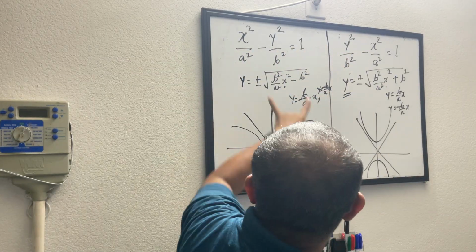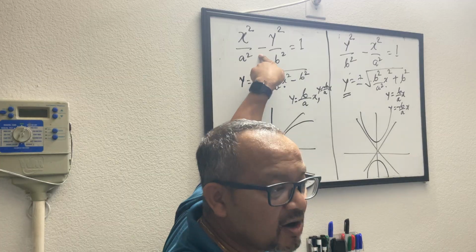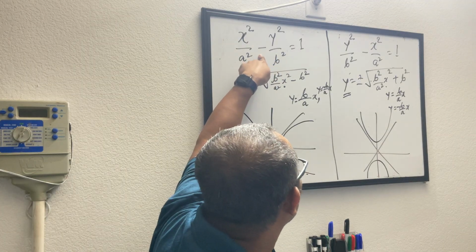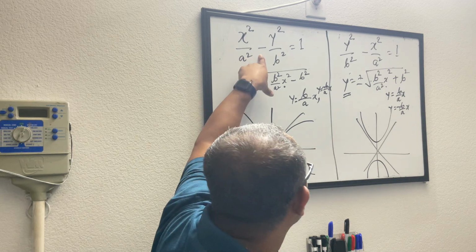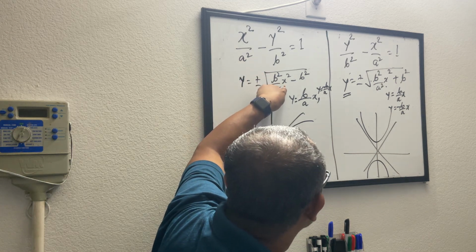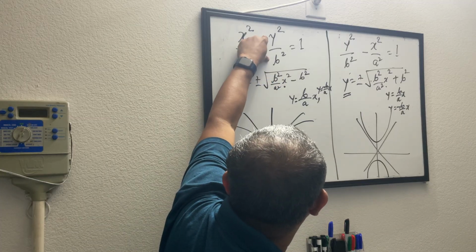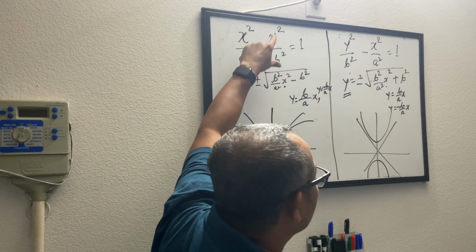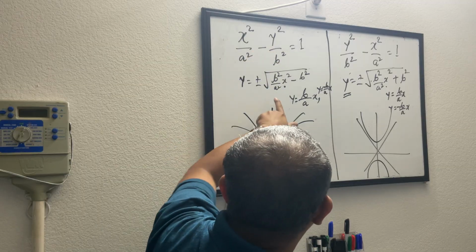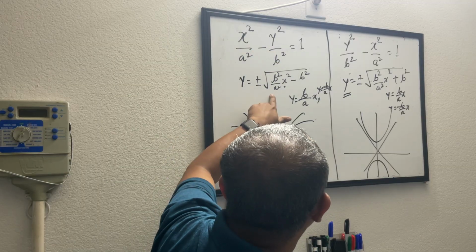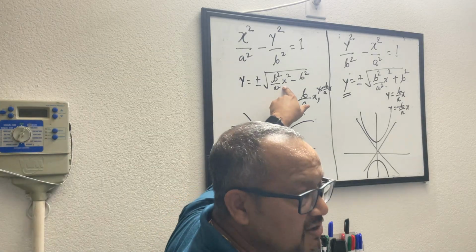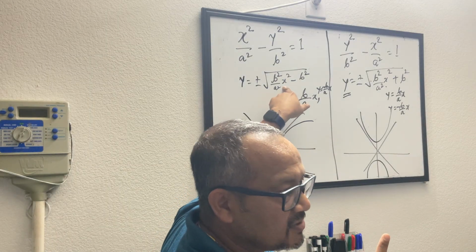Now we are saying, if I have a minus against the y component of the equation, is it vertically aligned or horizontally aligned? We saw that if the y component has a negative sign, it will never touch the y-axis, because it can touch the y-axis only when x is 0.